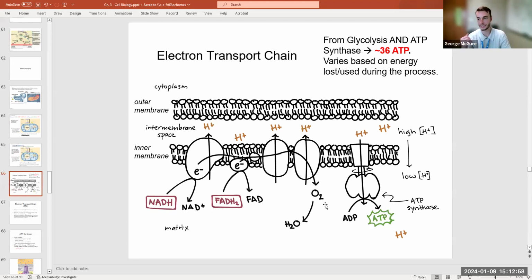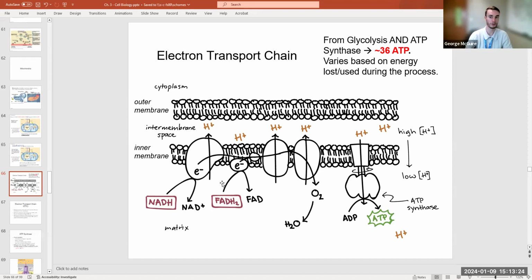If you remember from us talking about covalent bonds, oxygen is super electronegative. It's very needy and greedy with electrons. And so oxygen is really driving the movement of the electrons from one protein to the next. Ultimately it will take those electrons and become a water molecule. So we produce water as a waste product here through this electron transport chain.